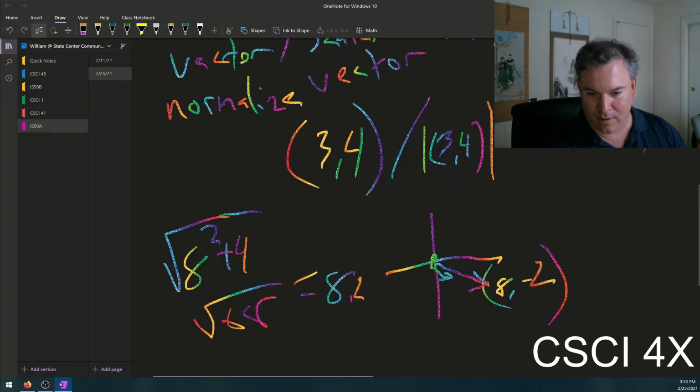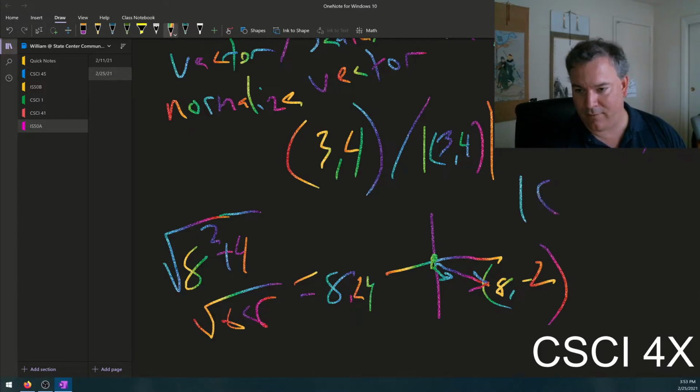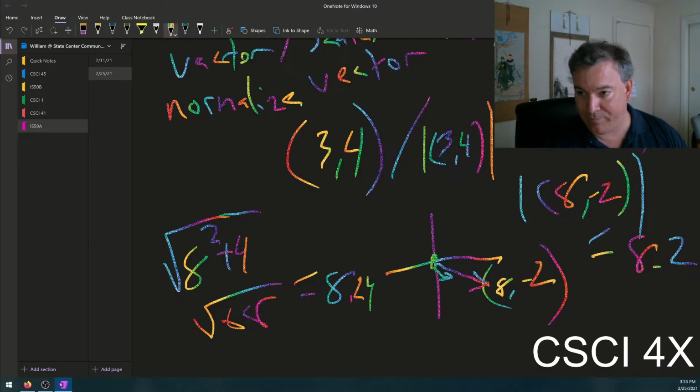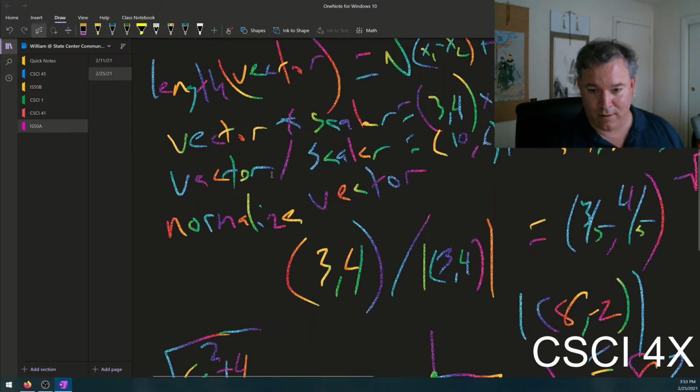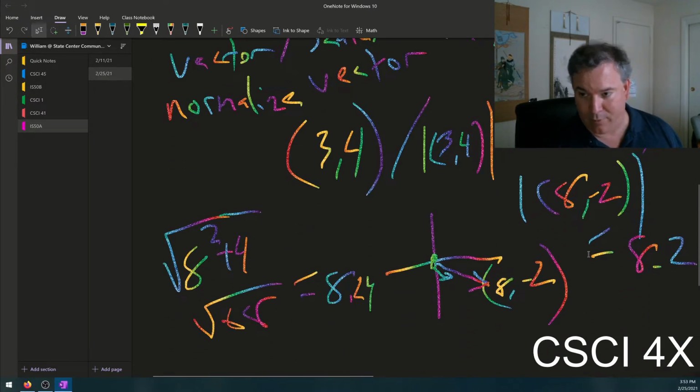So what you need to do is divide by the length. The length of the vector 8, comma -2 is 8.2. So you need to do a vector divided by a scalar. You take a vector, and you divide it by the length of the vector. So we're going to divide by 8.2.